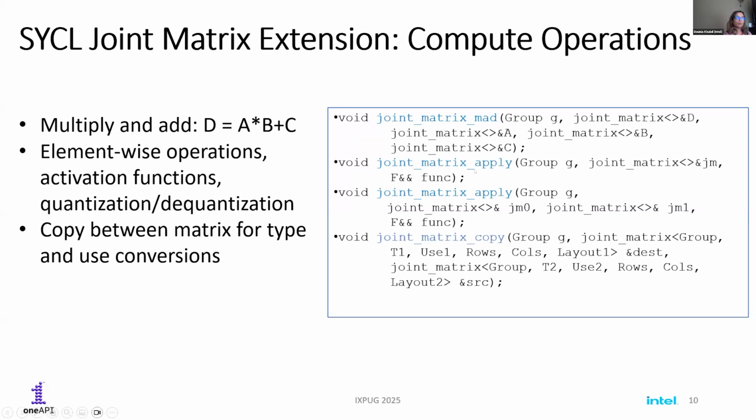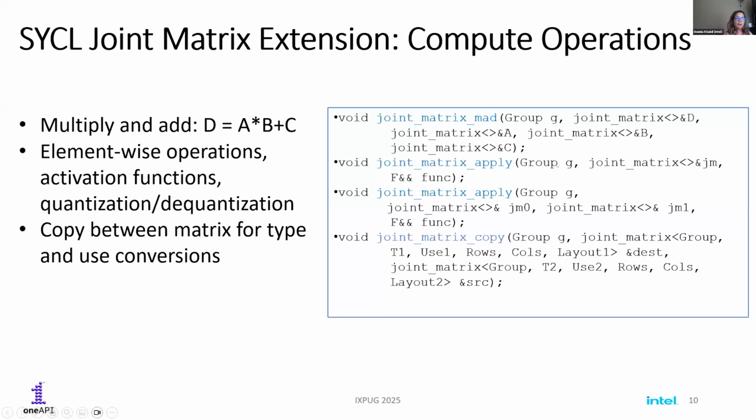Usually after GEMM, you are going to apply activation functions and element-wise operations, what Greg talked about, like quantization and dequantization, where you convert between data types. All this can be done with a single API called joint matrix apply, which lets you apply a function on each element of the joint matrix.